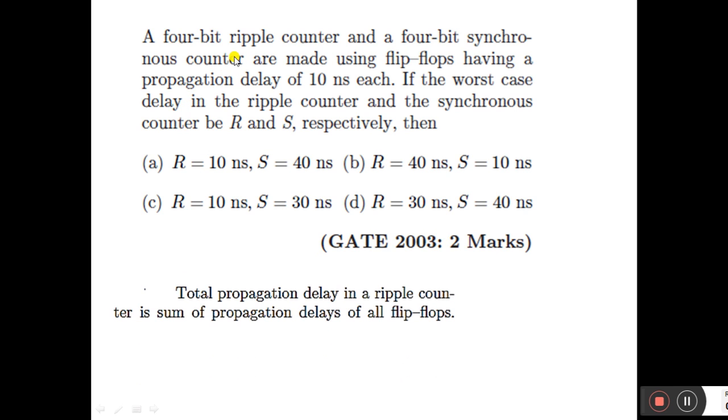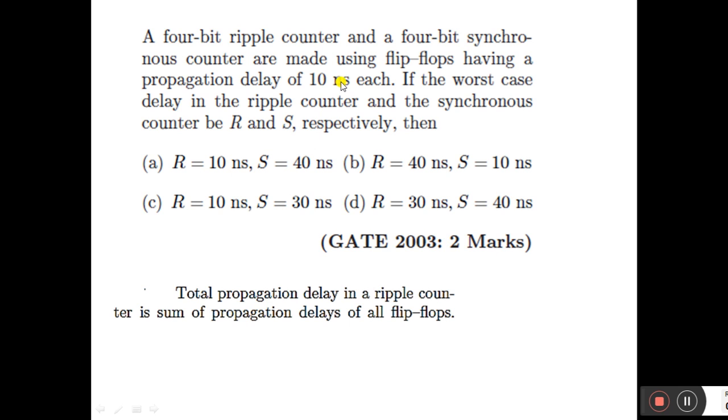For a ripple counter, the total propagation delay is the sum of propagation delays of all flip-flops. Here a 4-bit ripple counter, that means 4 flip-flops, multiplied with this 10 nanosecond.